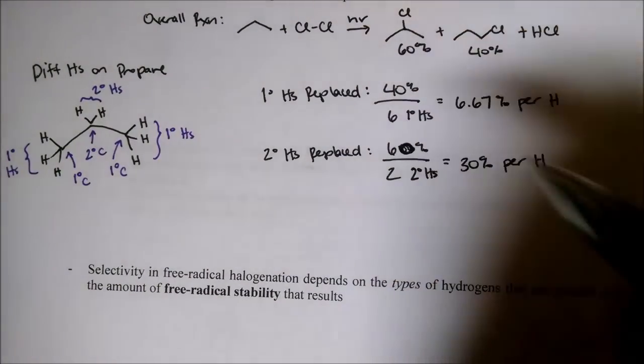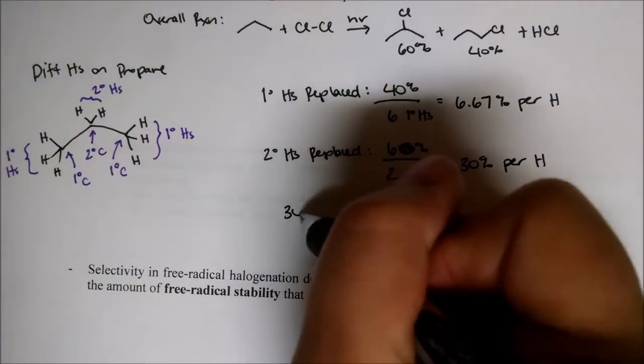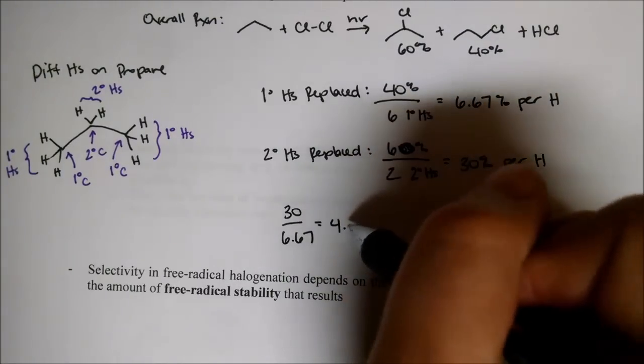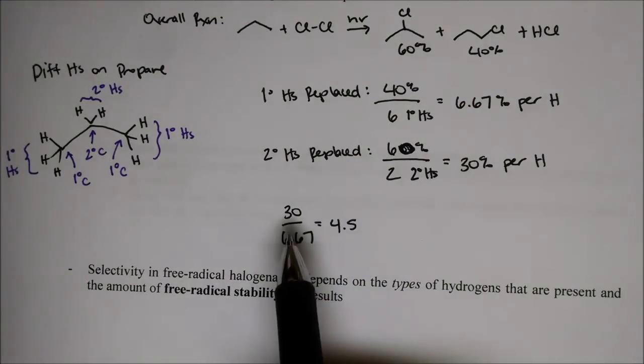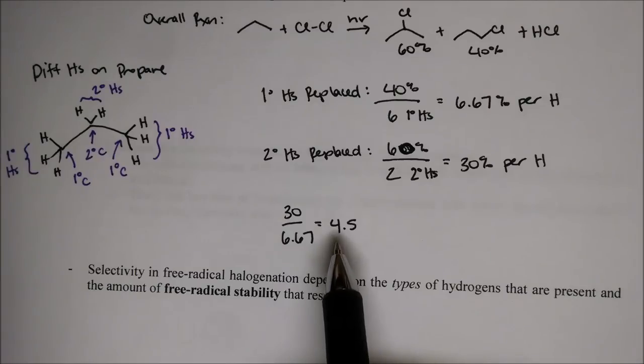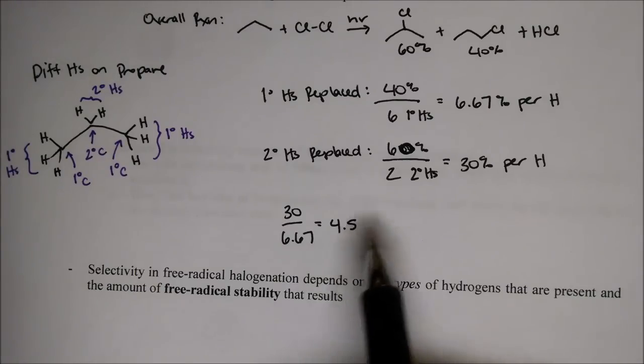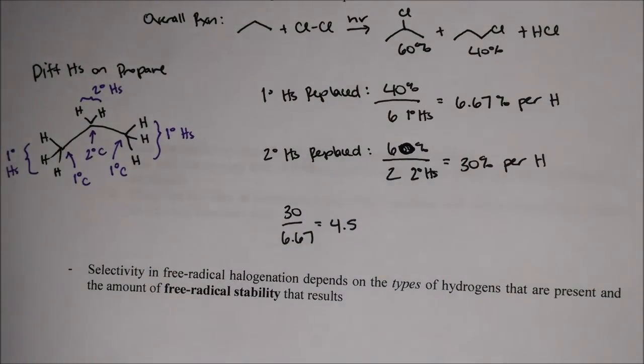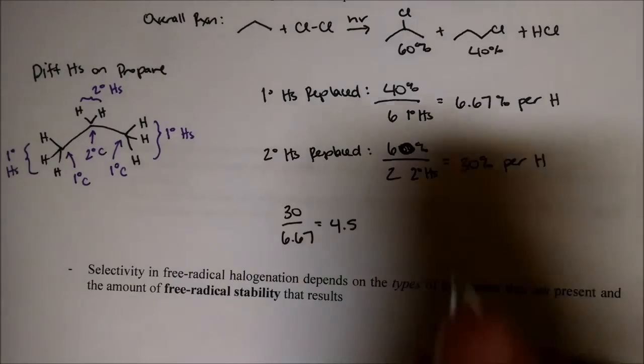So if we can do a direct comparison, if we divide 30 by 6.67, we actually get 4.5. And this tells us that those secondary hydrogens are 4.5 times more reactive than the primary, because again, they accounted for that much more product. They formed more of the product.